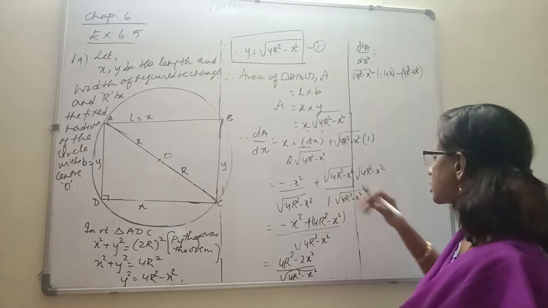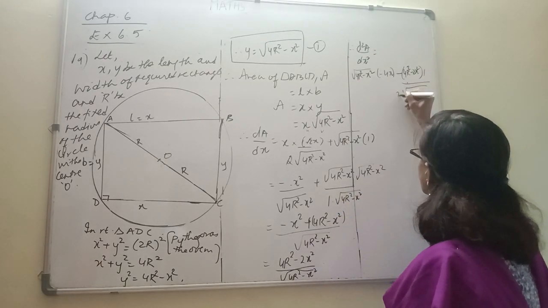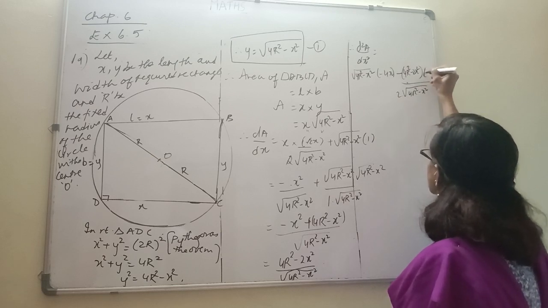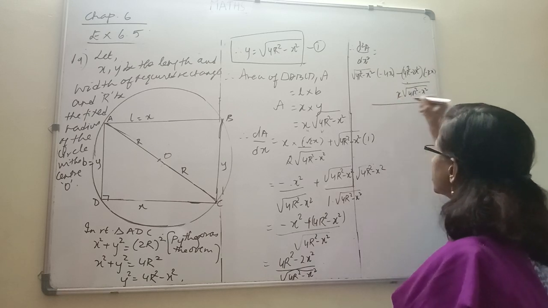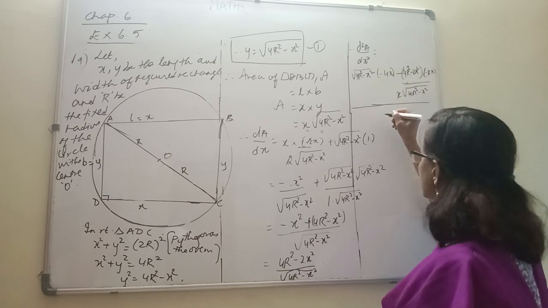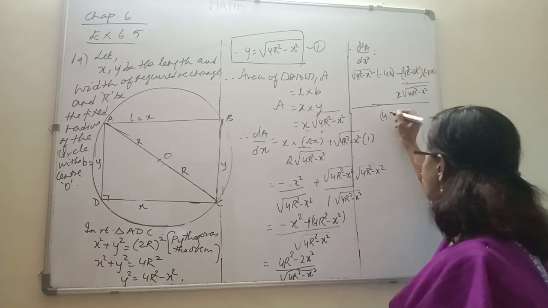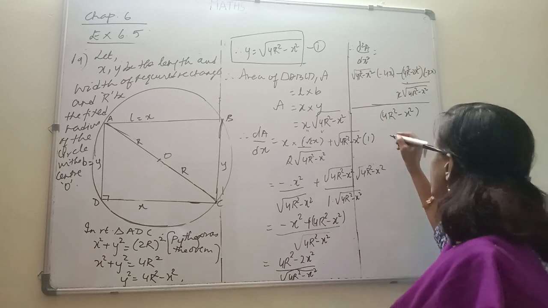and the derivative of root of 4r squared minus x squared, we have seen just now that it is 1 over 2 times root of 4r squared minus x squared, and derivative of minus x squared is minus 2x, out of which these can cancel each other, and by the formula we have root of 4r squared minus x squared the whole squared, which will come to 4r squared minus x squared. Little bit of solving you can do here.